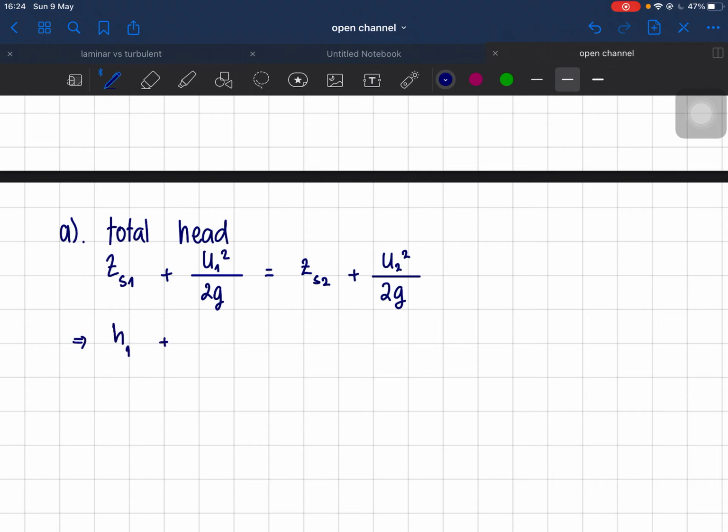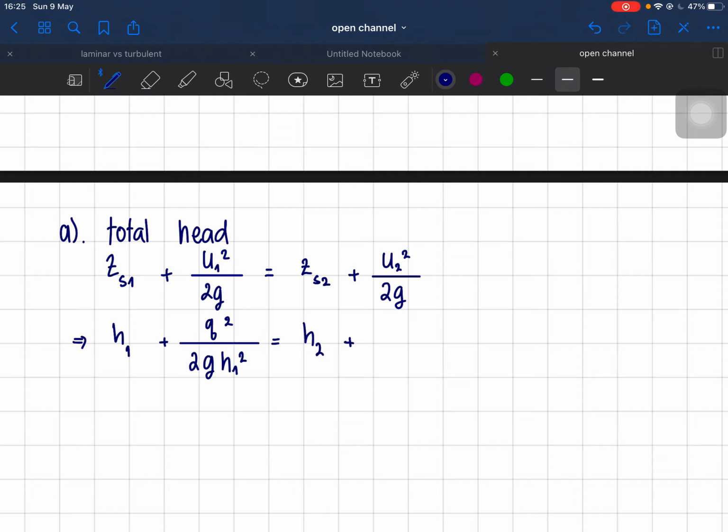This will be H1 plus Q squared over 2g H1 squared. Okay, and this will be H2 plus Q squared over 2g H2 squared.